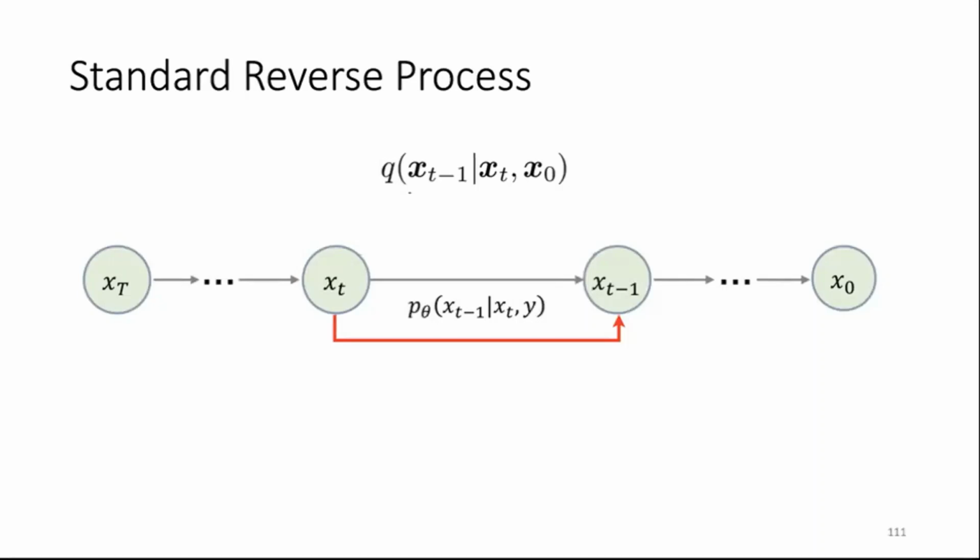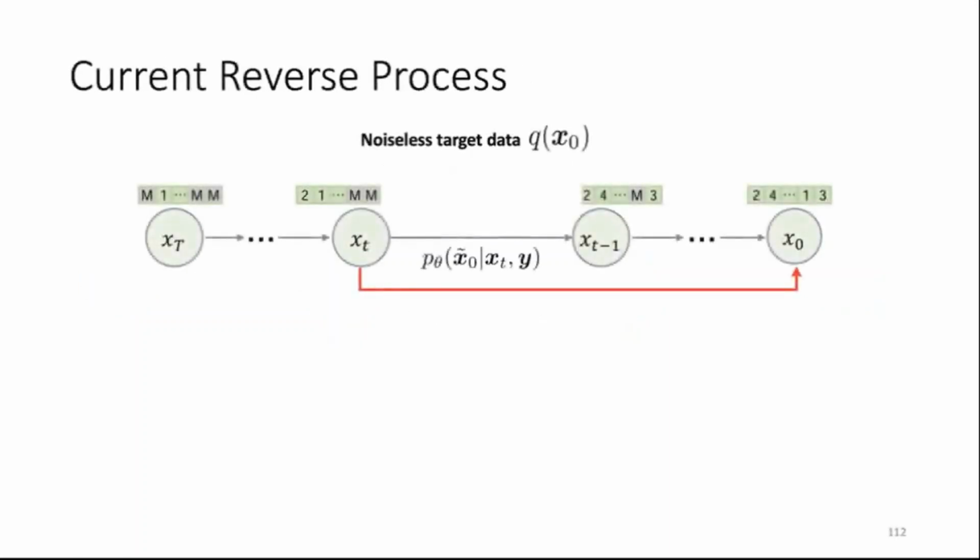This is what usually happens in the standard reverse process. But in this paper, the authors argue that rather than predicting the posterior, if we predict the noiseless target data directly, as you can see from this red arrow, it helps them get better image synthesis quality.